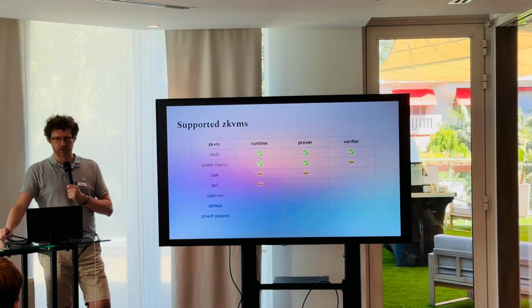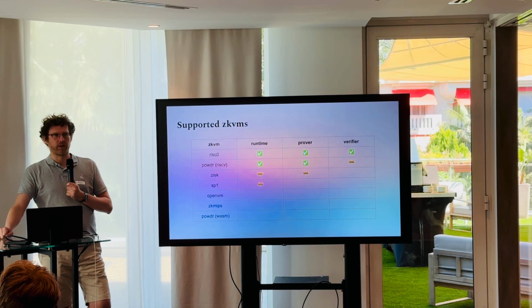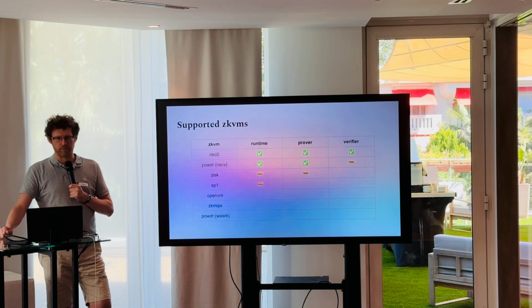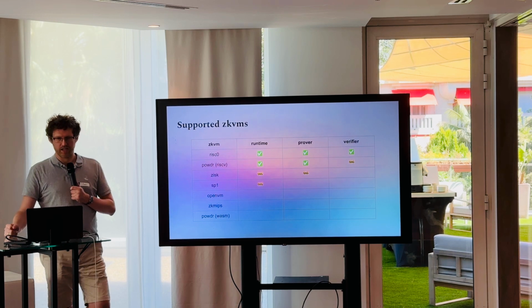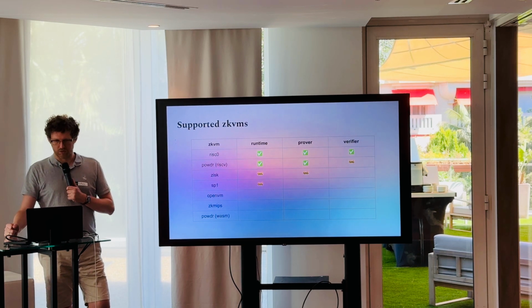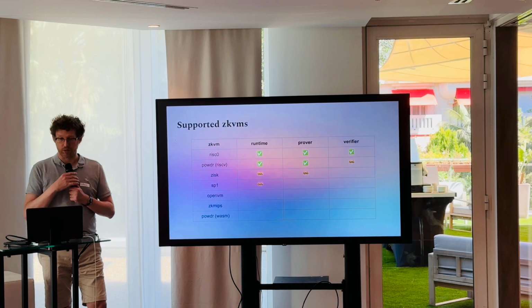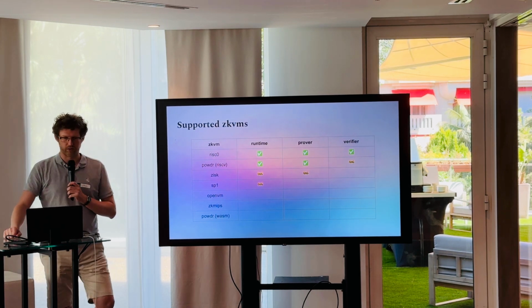We're especially interested in ZISC because it's a RISC-V 64 target, and I'm also looking into building Geth for a ZKVM target. So it's quite interesting to have a RISC-V 64 target because Geth will not compile to a RISC-V 32 target.